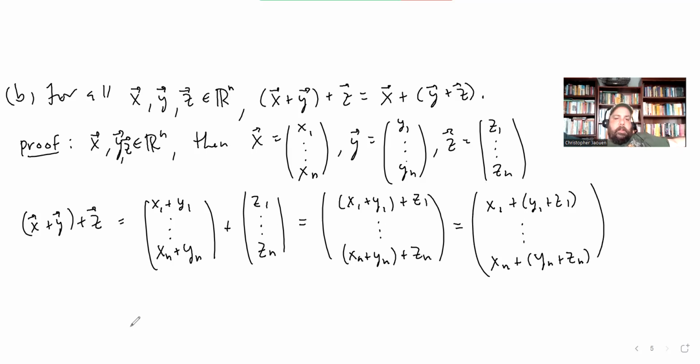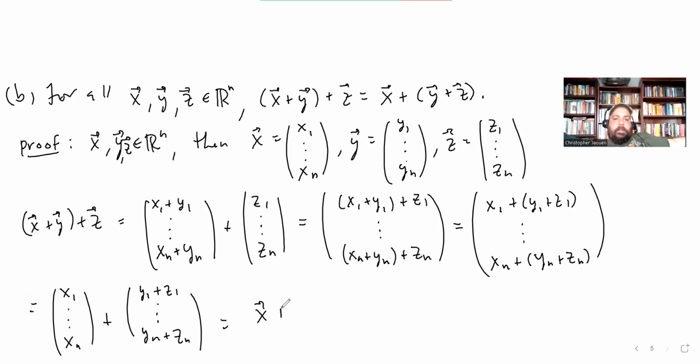Right, and then I can break this back up into a vector sum. This is the same thing as x1 up to xn plus y1 plus z1 up to yn plus zn, which is the same thing as x plus y plus z.